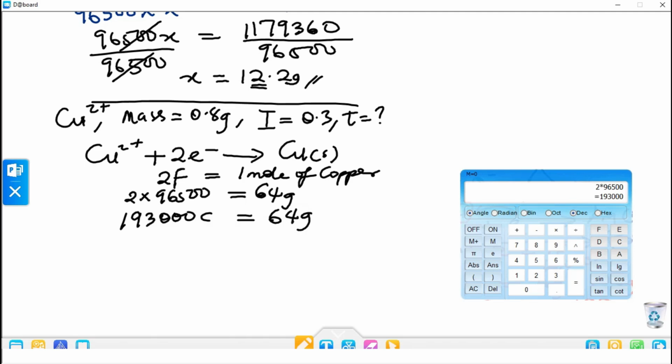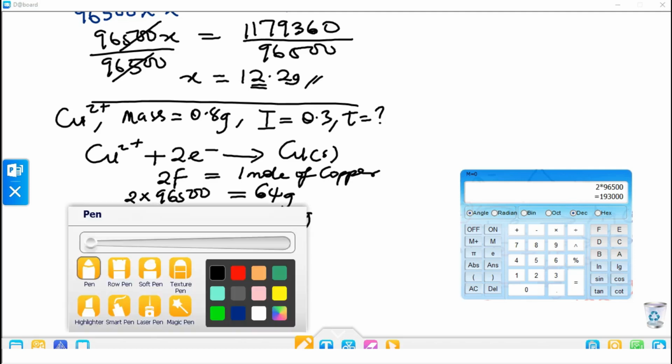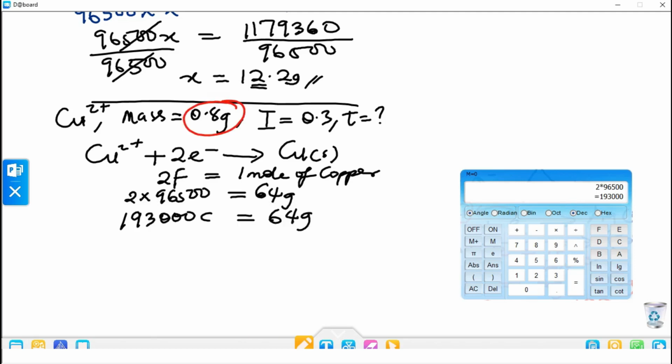So what we need to ask ourselves then is, what quantity of electricity should have produced this 0.8 grams, because this time around we were told that the mass of the copper has been produced.